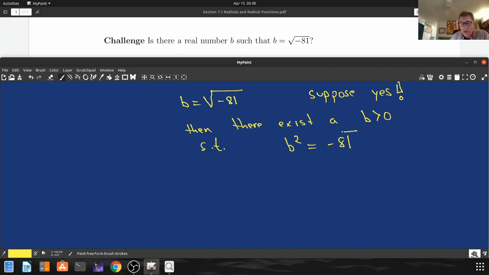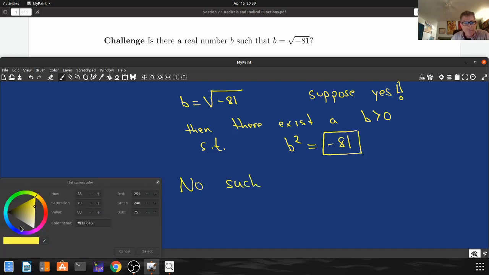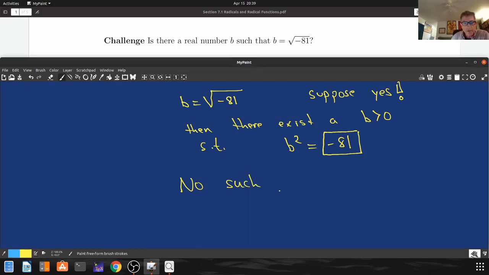So it is impossible for such a number to exist. So the answer is no such, here is the rub, real number b exists.